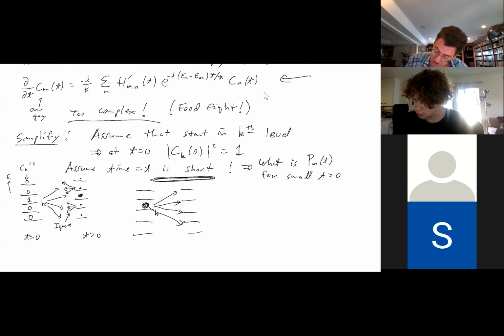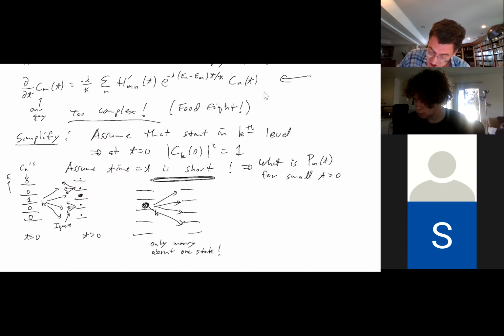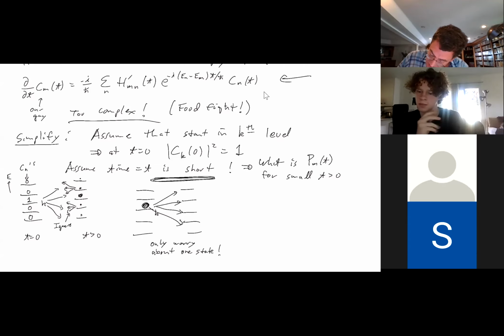And so we only worry about one state. That means we kill the sum. The assumption is this.